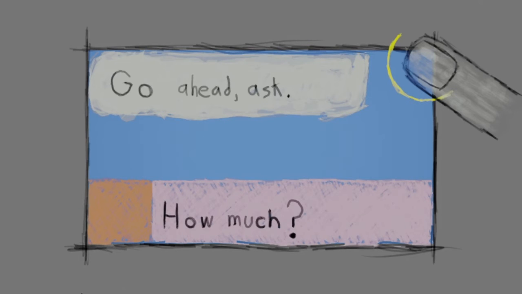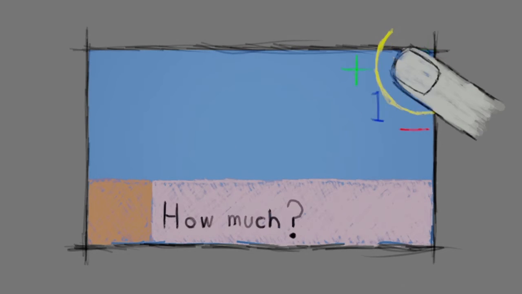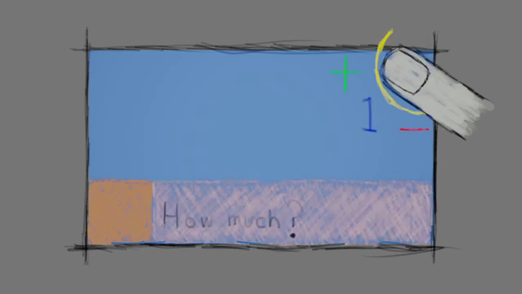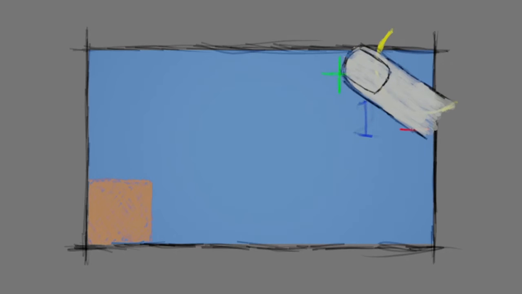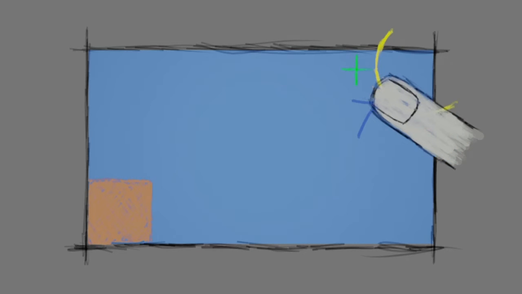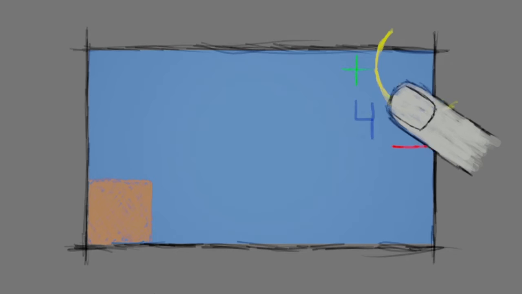Next, the NPC is asking a question that requires a number. So it gives up this interface in which the player can decide on a number. You can make it larger, make it smaller, whatever the number needs to be.